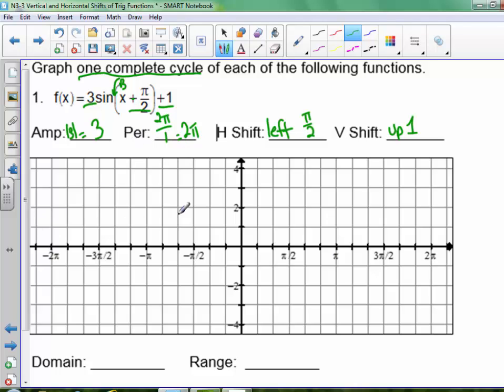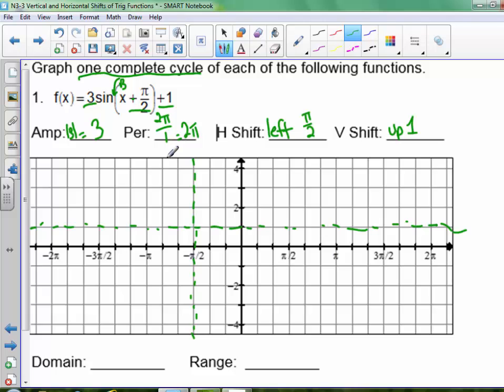What we want to look at here is we're shifting left pi over 2. Our y-axis isn't really moving, but our new vertical axis is going to be at negative pi over 2. And we went up 1, so our new horizontal axis will be at positive 1. Okay, so I'm just going to graph that in.